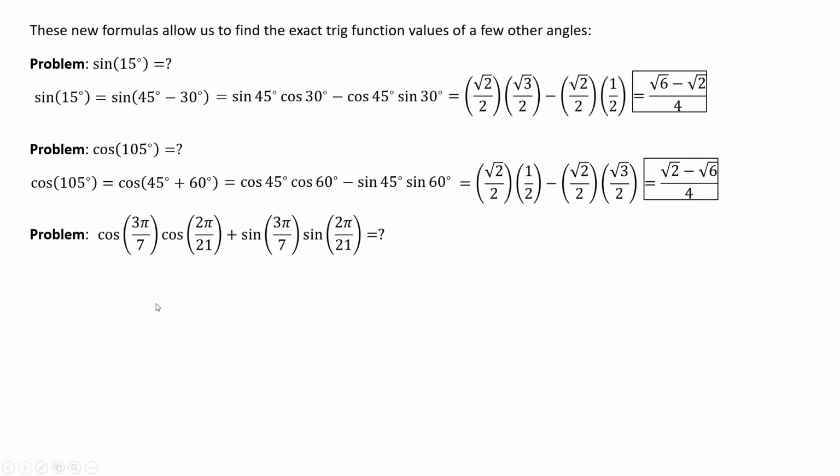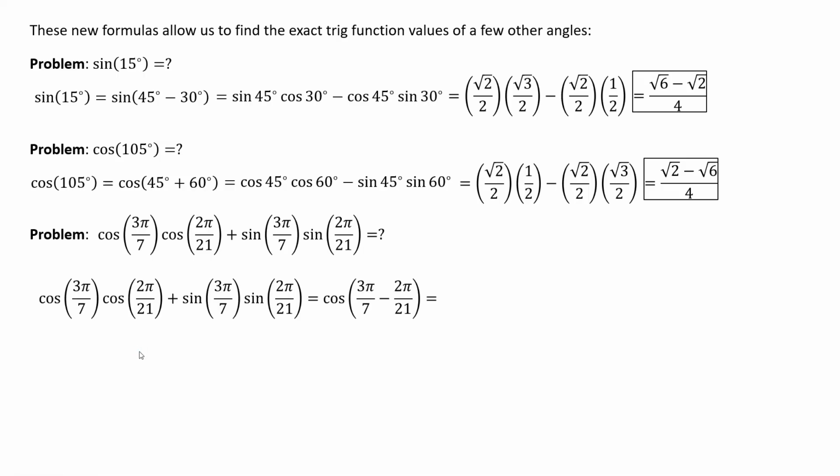What is that? This is cosine A cosine B plus sine A sine B. Right? Cosine A cosine B plus sine A sine B. Wait, that's equal to cosine of A minus B. Yep.